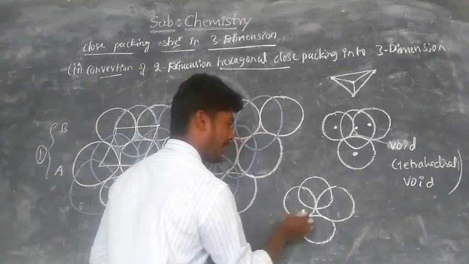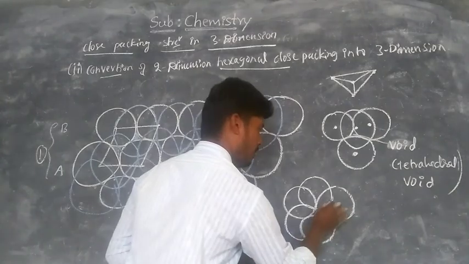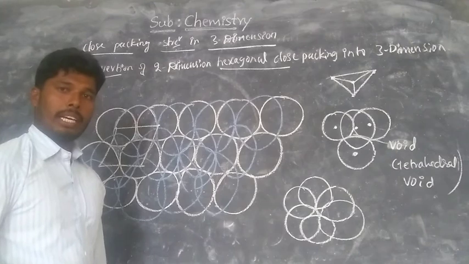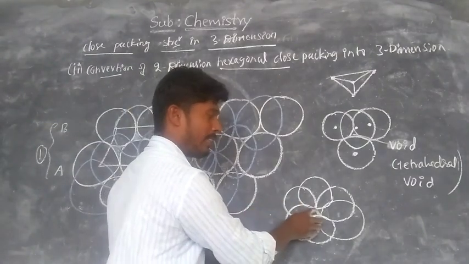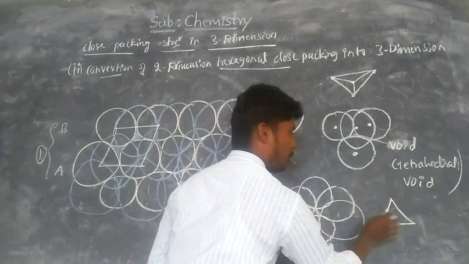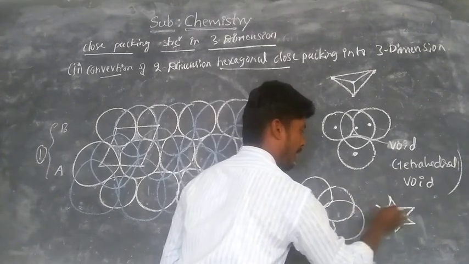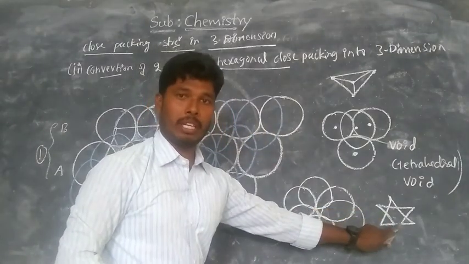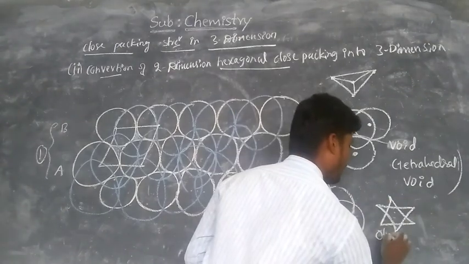This is one, second layer, and this is the third sphere. Now observe, here you get a void. The void looks like this, with one triangular face pointing up and another pointing down. So you get a void like this here. This void is called an octahedral void.